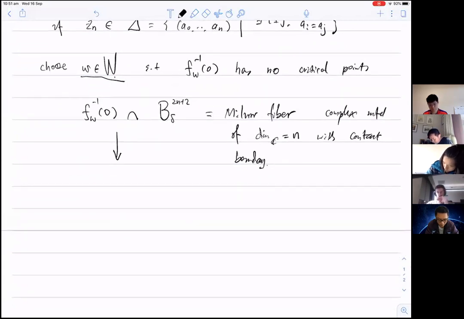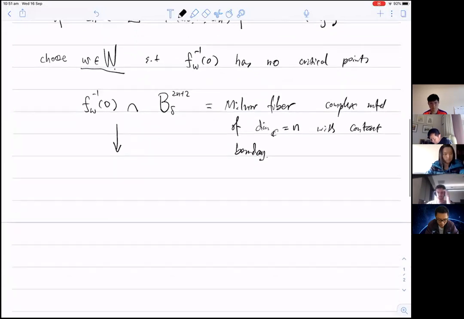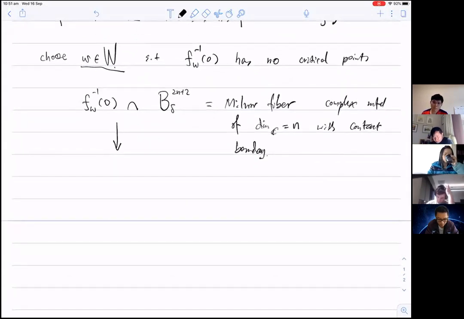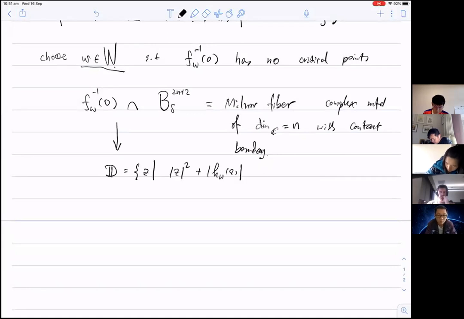But now I have to look at some disk. So this disk is Z, and we try to get Z squared is L plus WZ less than or equal to 1, some small, inside the unit ball.